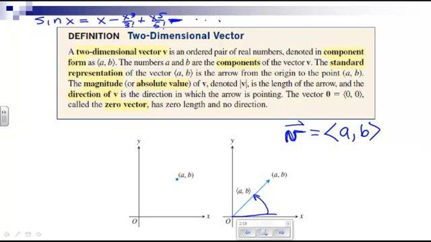Radians are the natural way of measuring an angle, because of exactly this idea. So, there we go, our definition of a two-dimensional vector. So what is the angle? It is the angle from the positive x-axis, like we've been measuring angles for other trigonometric functions all along.